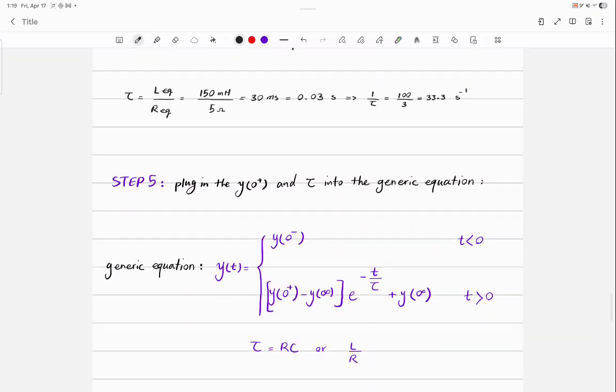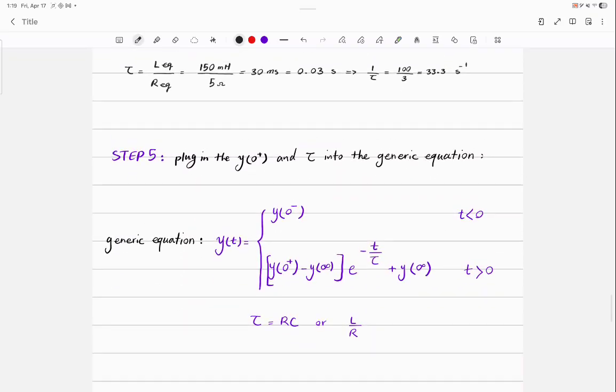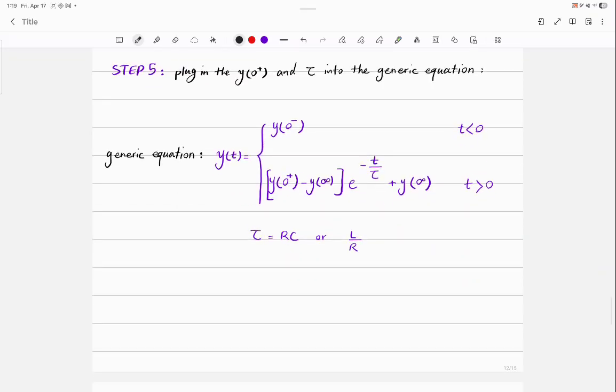What is step 5? You have calculated everything required to plug into the generic equation and find your y's. Okay? So how many y do I need to consider for this example? 2. First one is ILT.